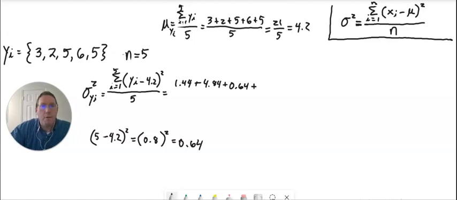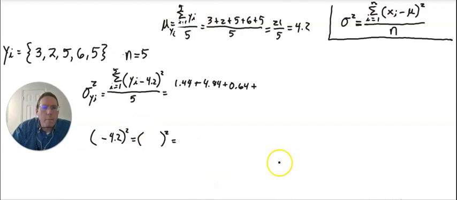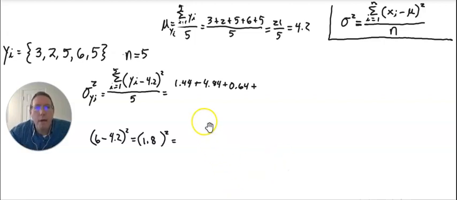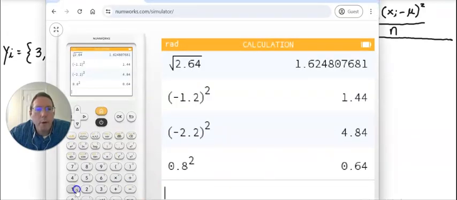Plus. Now we're going to do the same thing with the number 6. Well, 6 minus 4.2 we know is 1.8. I feel like we did 1.8 already. Maybe not. Let's do 1.8 squared.